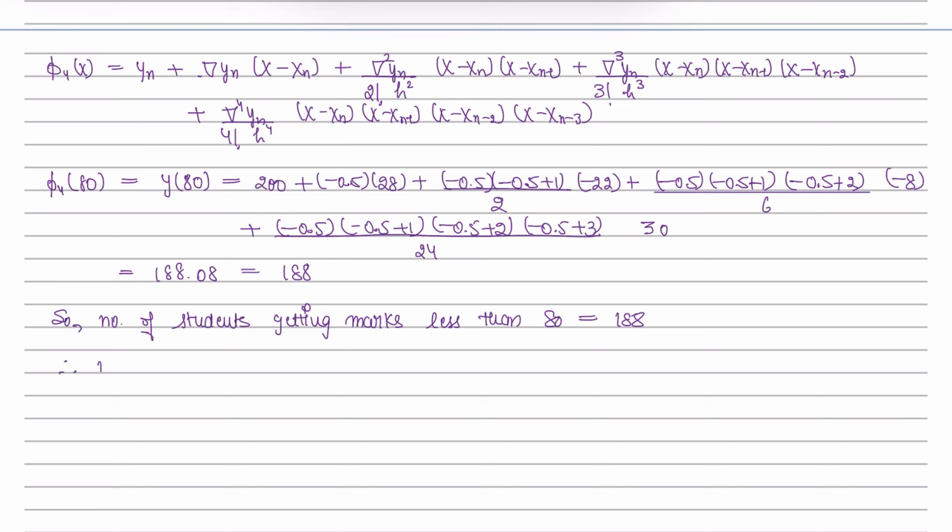Therefore, the number of students getting marks between 75 and 80 is equal to 188 minus the number of students getting marks less than 75, which are 172. So the final number of students will be 60.